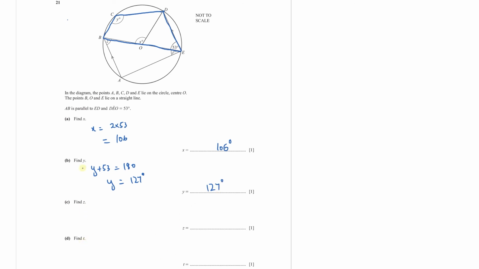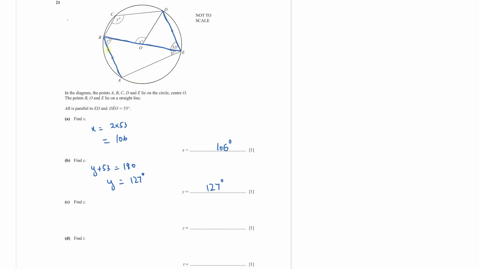The next part is find angle Z. So let's erase this. So if you look at these two lines which are parallel, this line AB and this line ED, these are parallel, and this line BOE is a line that intersects these two parallel lines, right?